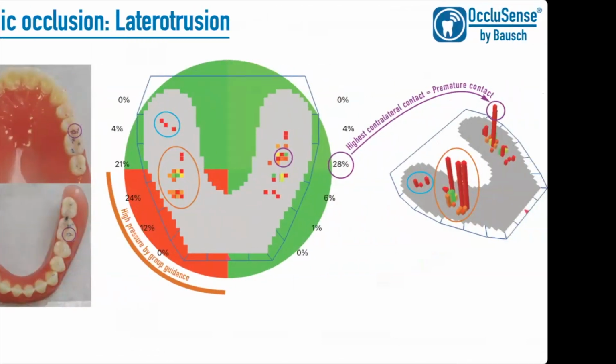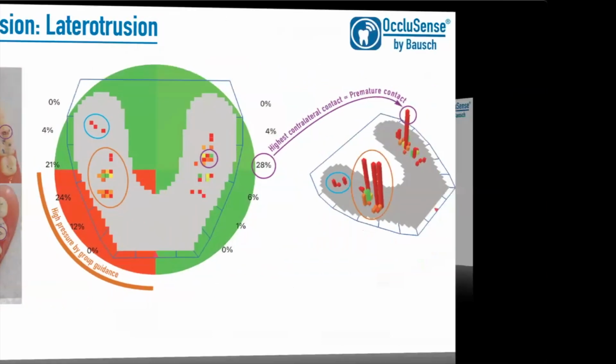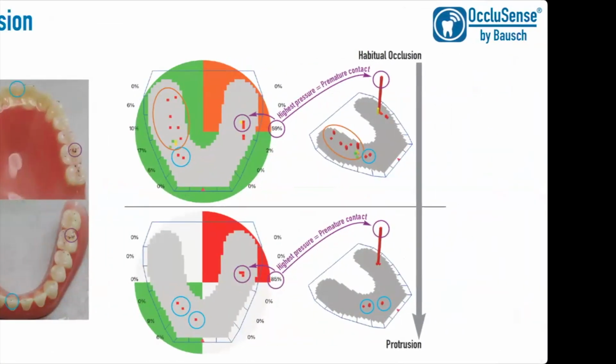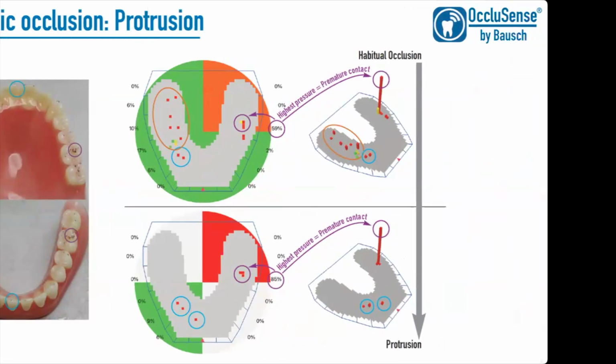And the same can be done for any dynamic movements. So you see here the lateral protrusion to the right-hand side, quite some high pressure by group guidance. And a protrusional movement, which doesn't really lead over many front teeth.